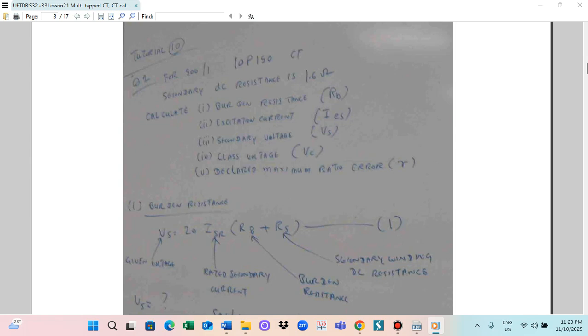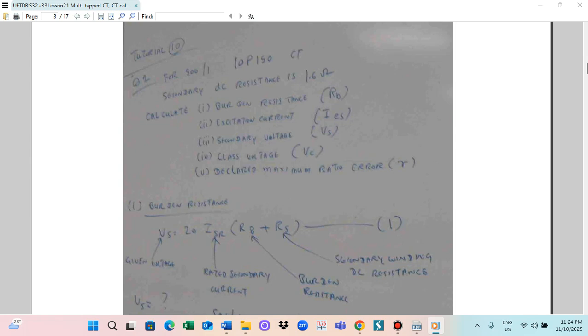And we have to calculate the secondary voltage VS. The equation is VS is equal to 20 times ISR into RB plus RS.